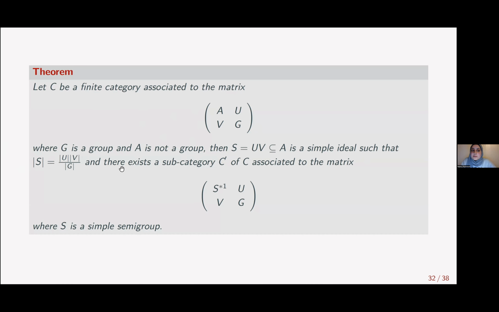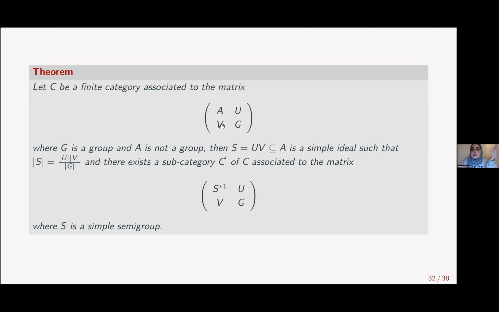And because it's a simple semigroup, as before, we can construct a subcategory of C associated to the matrix S star, 1, U, V, G. I can see that UV is actually the image of the multiplication in A. It's like a function from E to F, and FE is inside F, so it's the same.